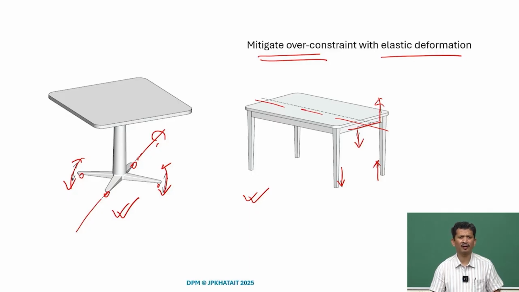For most applications this might be acceptable, but if you are trying to design a table for some precision equipment, we may have to find different ways. It might be possible with the 4 legs, but the deformation may not be on the top of the table; we can concentrate it somewhere else, and that is something we may learn when we talk about compliant mechanisms or flexures.